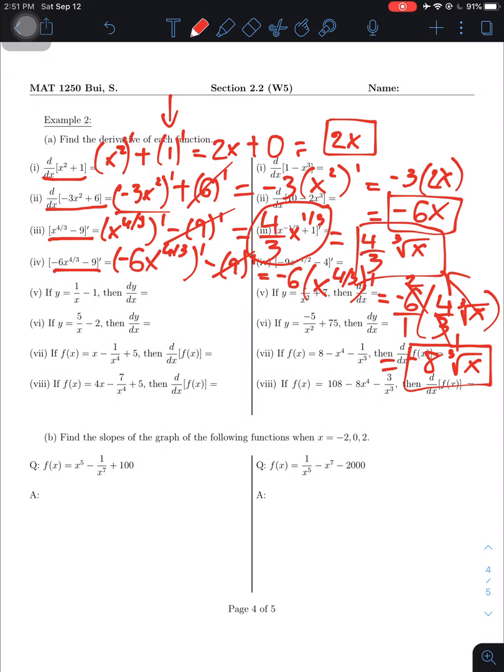Okay, and let me change the color before I keep writing all over the place. So let's do 5 in here. Okay, so we have to take the derivative of this. So same deal, we're gonna split them out. Derivative of 1 over x and then minus the derivative of 1, right? And then 1 is the number, so ignore it because it's just gonna turn out to be 0 anyways. Just like what I did in the last page, because this one is 1 over x, right? It's not like x to the something.